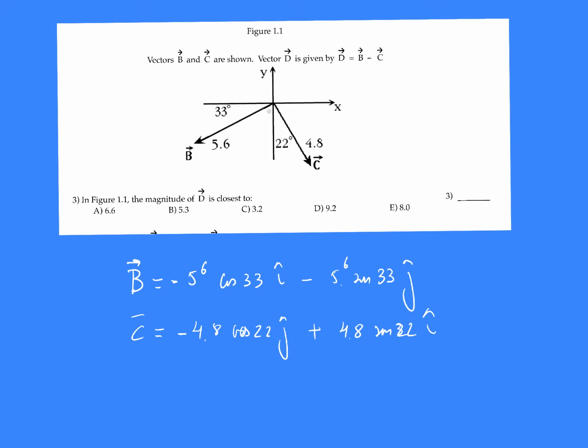V minus c is the vector that goes from c to v, so v minus c is this vector. Correct or no? Or this is the vector c minus v. What do you say? Well, if you are not sure, you make the sum.